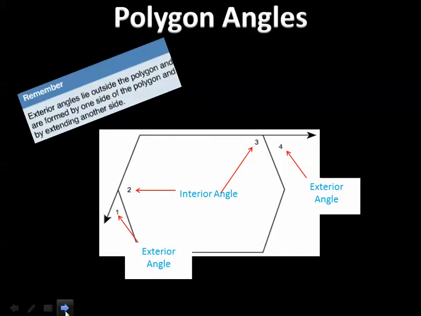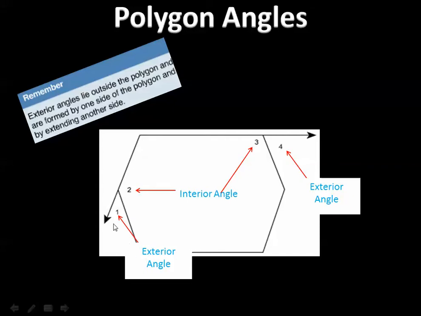Polygon angles. A little note that we'll need to remember is that exterior angles lie outside the polygon and are formed by one side of the polygon and by extending another side. And what they're talking about right here is a side of this, looks like a hexagon, and they've extended it. See how this arrow goes right here, and they've extended it.